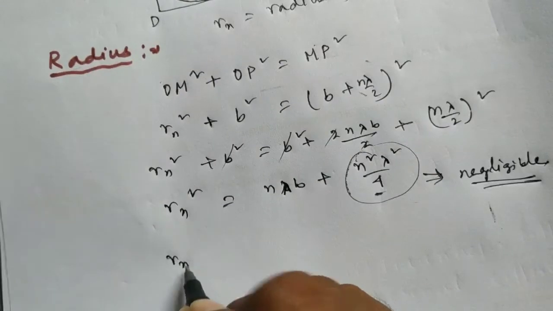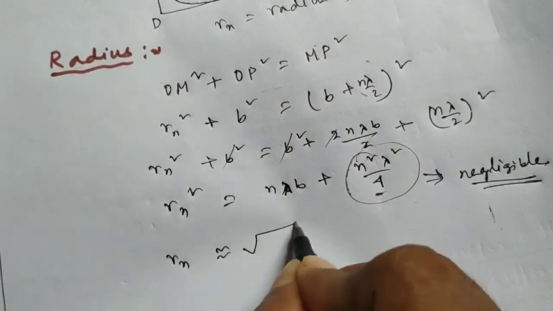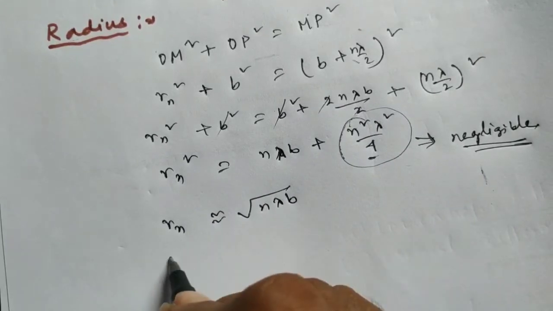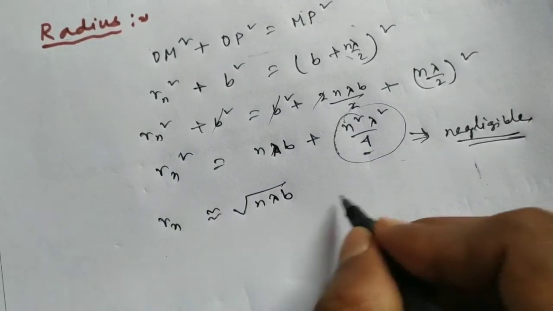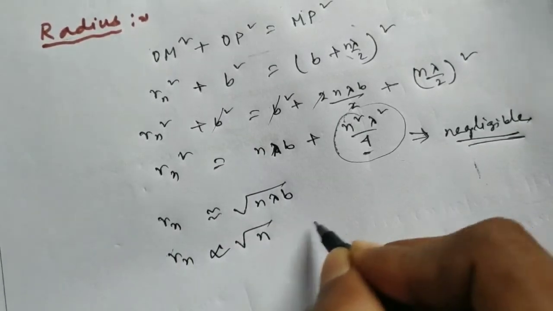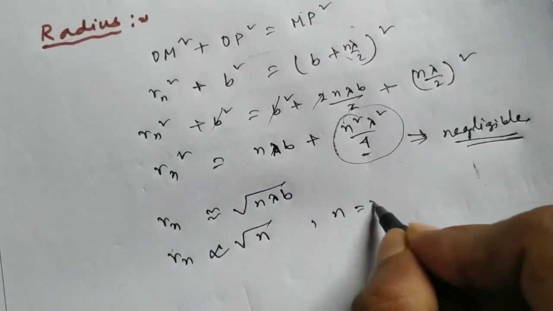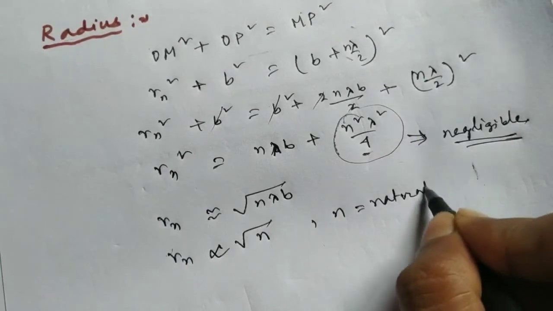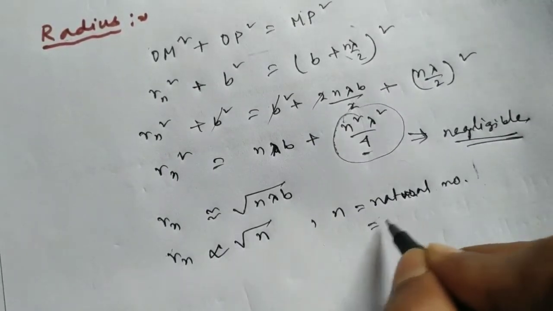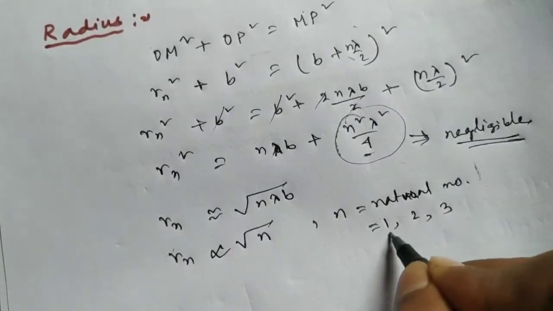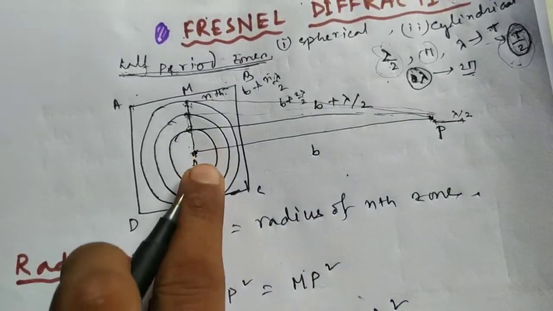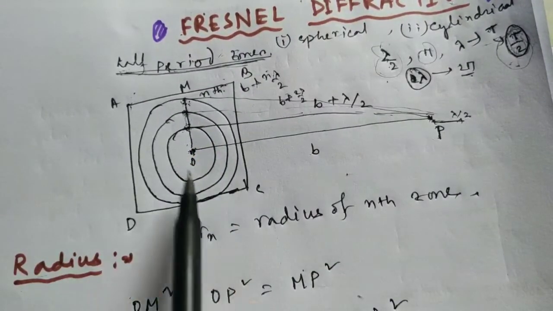Now Rn is root over n lambda b, so we can also get from this that Rn varies as root over n, where n is a natural number: 1, 2, 3, and so on, 1 for the first zone and 2 for the second zone.